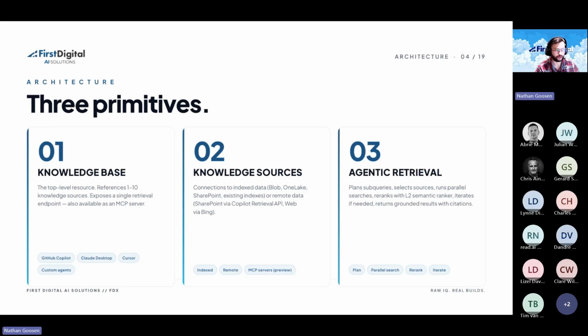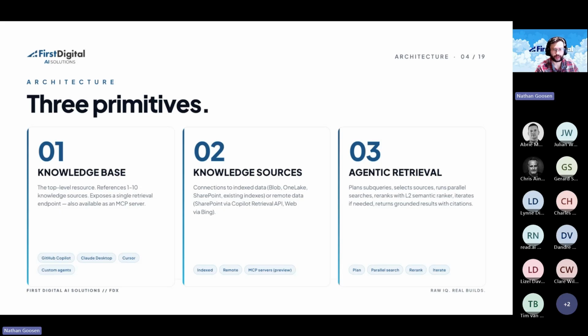Second is the knowledge sources. These are your data connections. So that's your indexed sources like Blob, OneLake, SharePoint, and your existing search indexes, or remote sources like SharePoint via Copilot Retrieval API and web via Bing grounding.